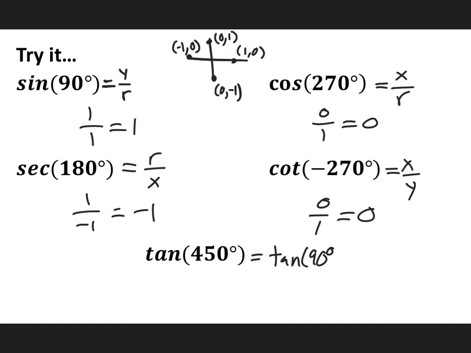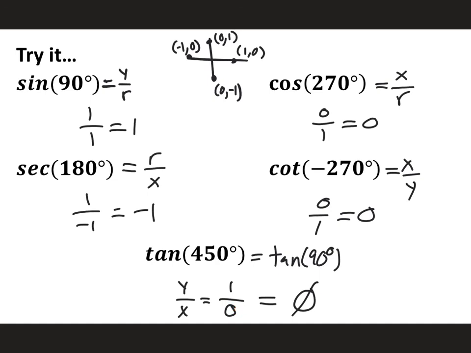So we're going to go ahead and write down tangent is the y value over the x value. At 90 degrees, our y value is 1. Our x value is 0, and this is an interesting case, and we'll talk about this a little more in a second. We can't divide by 0, so 1 over 0, we're going to go ahead and say that is undefined. So some of these quadrantals end up being undefined when you have that 0 on bottom.